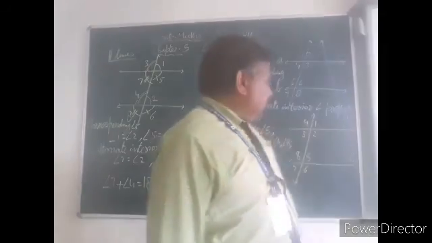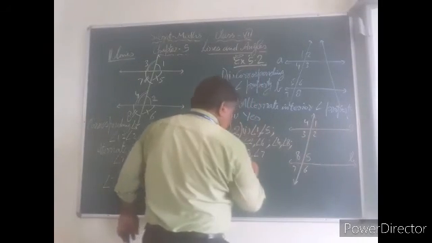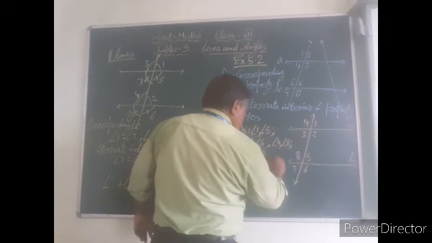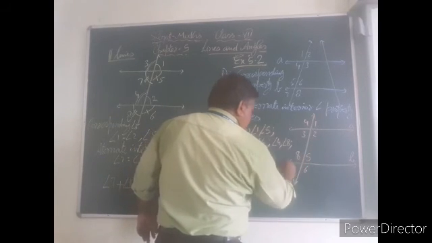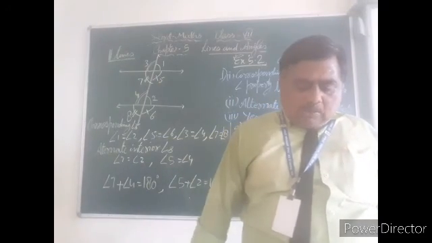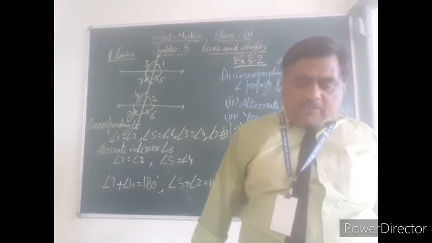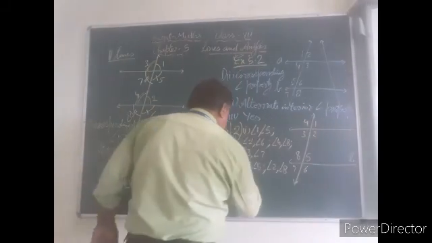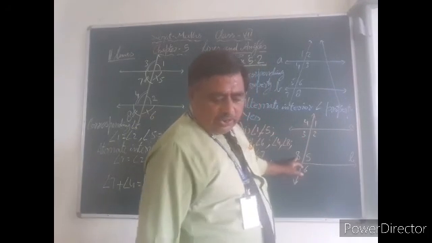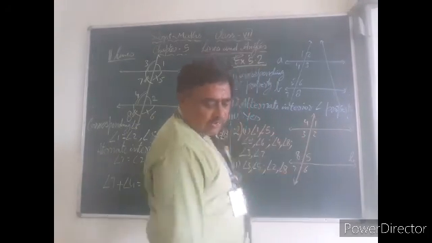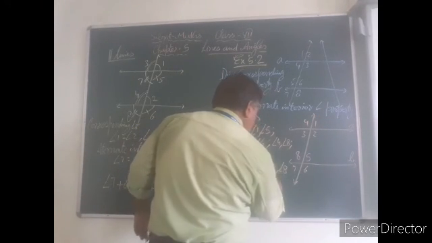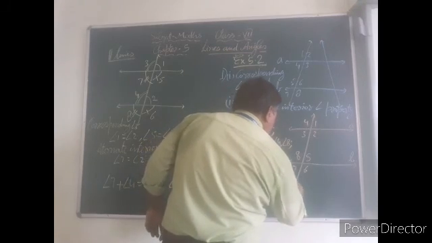Pairs of alternate interior angles: angle 3, angle 5, angle 2, angle 8. The pair of interior angles on the same side of the transversal: angle 3, angle 8, angle 2, angle 5.